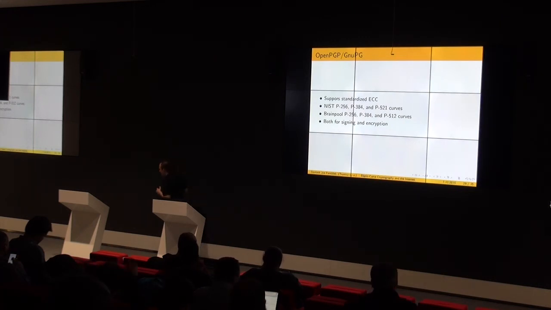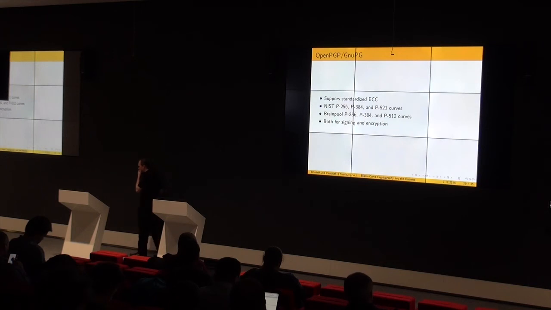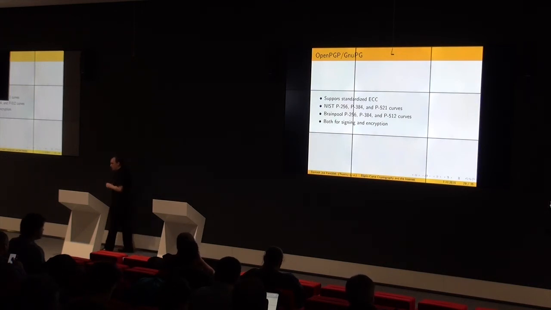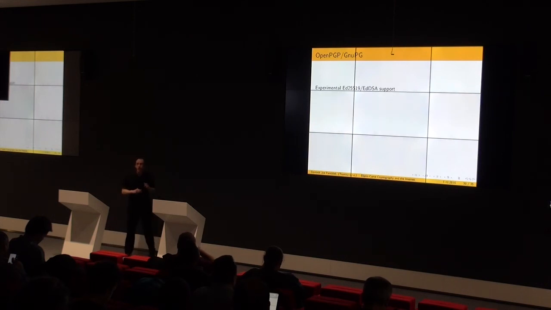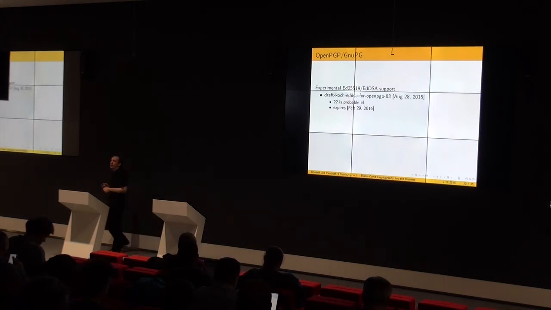Now things get more interesting because, as I said, there are people who are really paranoid and want to use alternative curves. So there is an experimental EdDSA support, and by experimental I mean there is a draft of the standard on how to use EdDSA in OpenPGP. The draft, I think, is actually about 3 years old.